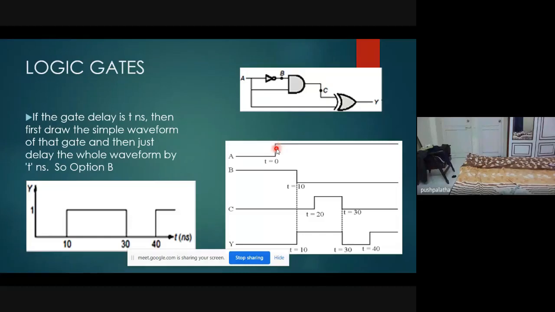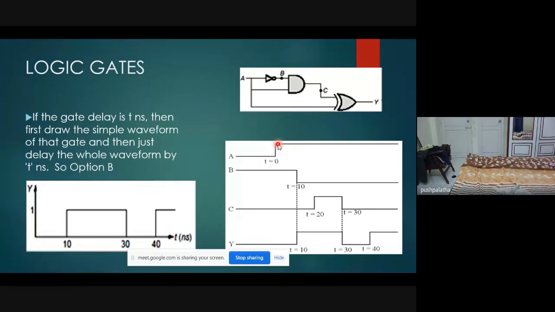Then now B. What is your B? B is actually the output of a NOT gate, which has a delay of 10 nanosecond. So from this reference point, you delay it by 10 nanosecond. You can look at the waveform here. My A value is given as, from low, at t equal to 0 it is high.